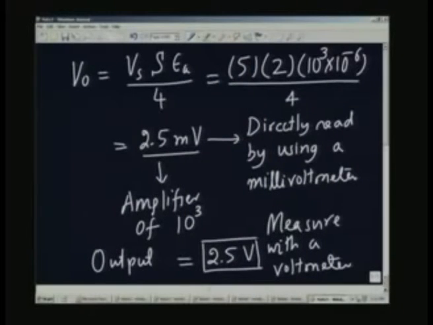Now, we will look at one or two important things which we have not looked at till now. If you remember, when we were talking about temperature measurement using resistance temperature detectors or RTDs, we talked about something called self heating.